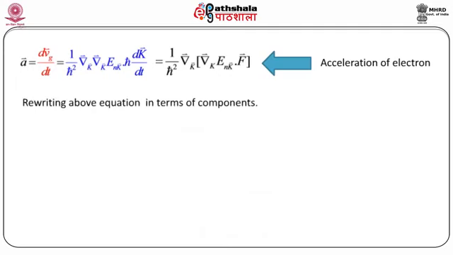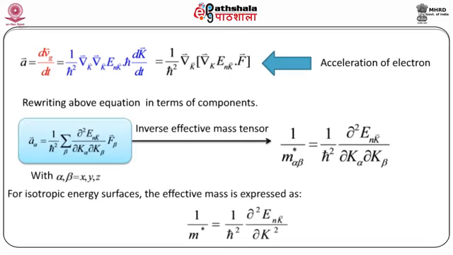So rewriting the equation for the acceleration in terms of its components, we find that a alpha is equal to 1 by h cross square, summation over beta, the double partial derivative of the energy with respect to k alpha and k beta, multiplied by F beta, where alpha, beta is equal to x, y, z, that is, any one of the three directions.